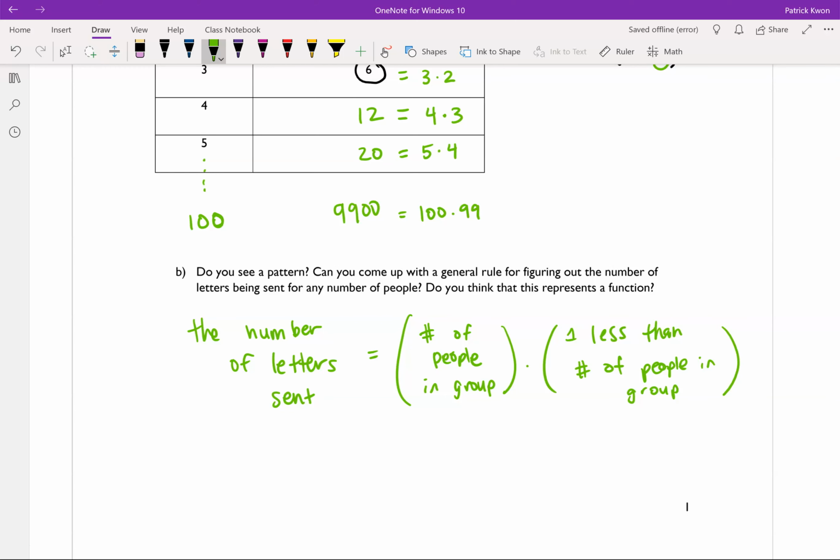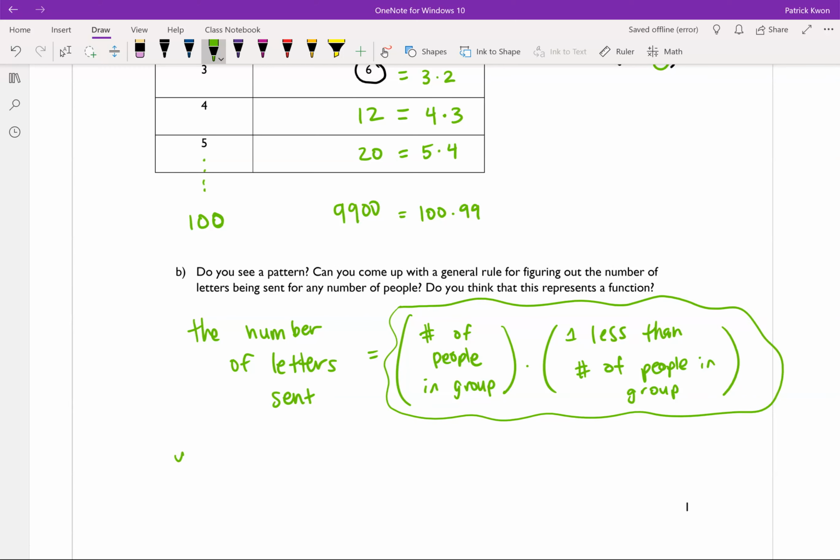And the answer is yes, because for any input value, the input value here is represented by the number of people in the group. There's only going to be one amount of letters to send, not multiple amounts. So it's always going to be whatever this number is here.